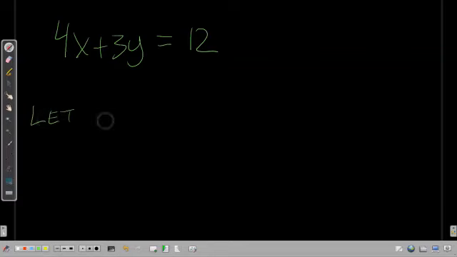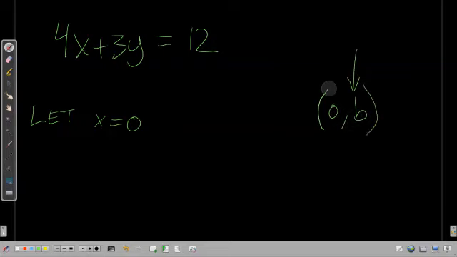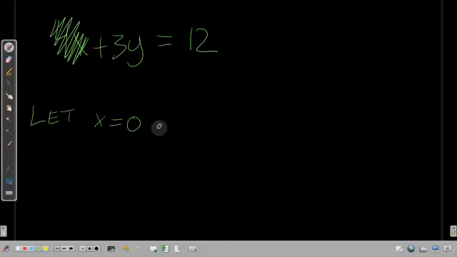It's so easy to just say, let x be 0. If I am letting x be 0, then I am talking about the point 0, comma b. I would just be determining which number b really is. It would be the y-intercept. If x is 0, we're discussing the y-intercept. And if x is 0, then this term is just gone because it's 4 times 0.